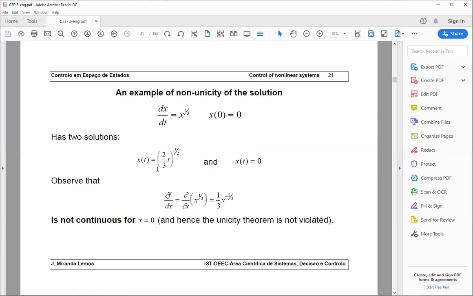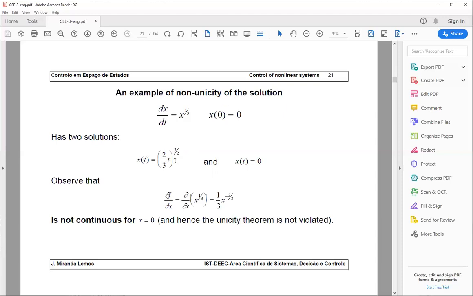Another solution is this one that is written here: x(t) equals (2/3 t) to the power 3/2, so the square root of the cube of 2/3 of t. It's immediate to see that it verifies the initial condition, because if t equals 0, this gives you 0.